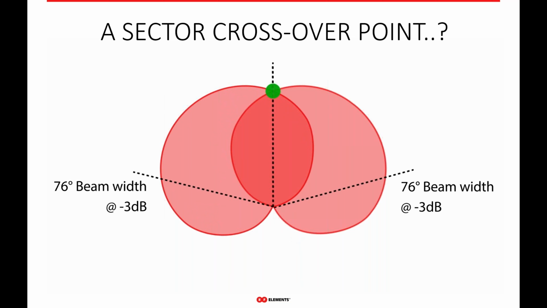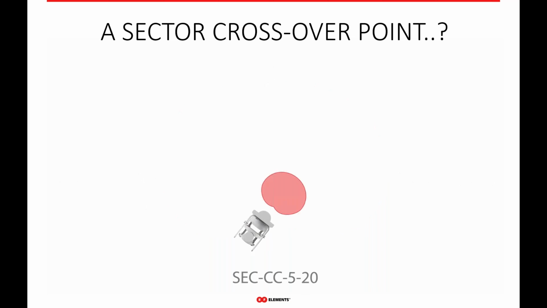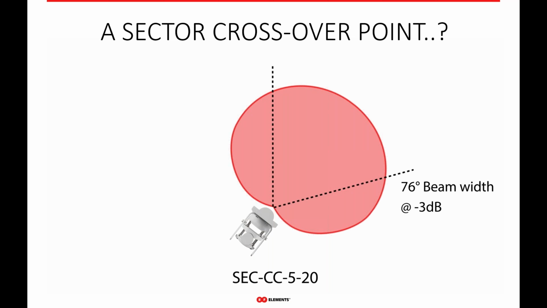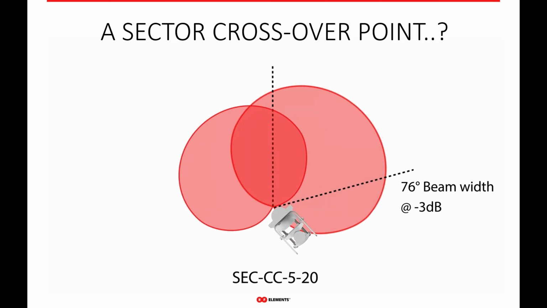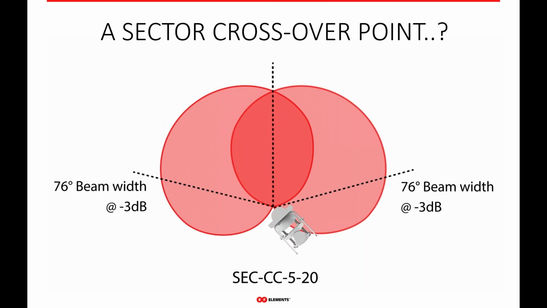For the WISP industry, the usefulness of the crossover points is negligible due to the unregulated nature of WISP networks in the unlicensed band. Not everybody follows the rules all the time, so it's really hard to keep these things balanced and matched.